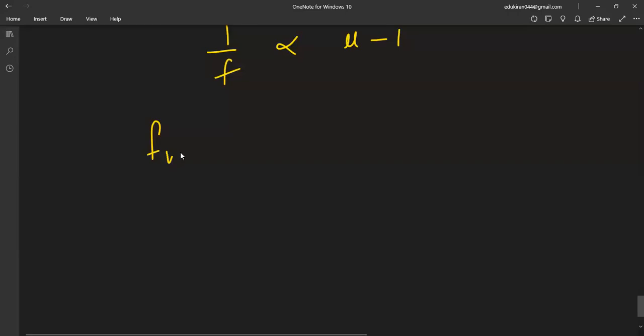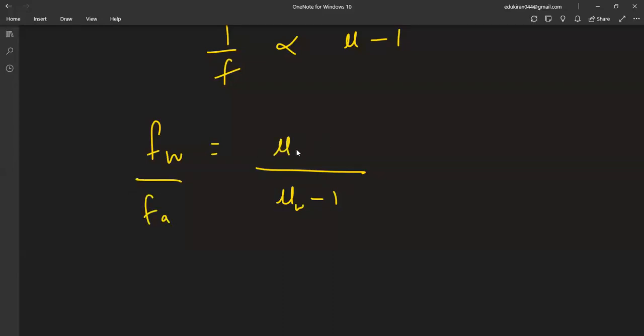Focal length of, suppose, water you write. So refractive index of water with respect to first water will come minus 1, and then focal length in air, first focal length mu minus 1, because this is inversely proportional. So this will be 1.5 minus 1 directly.